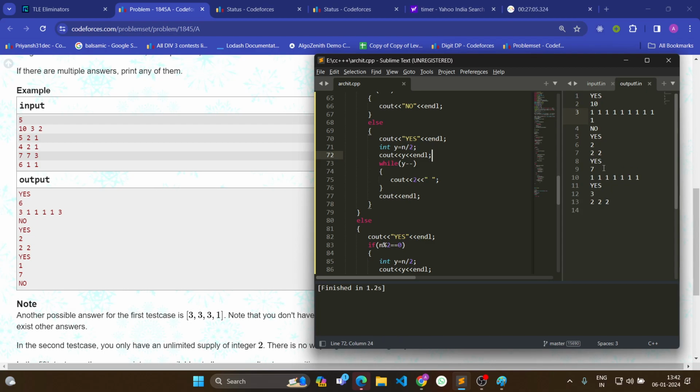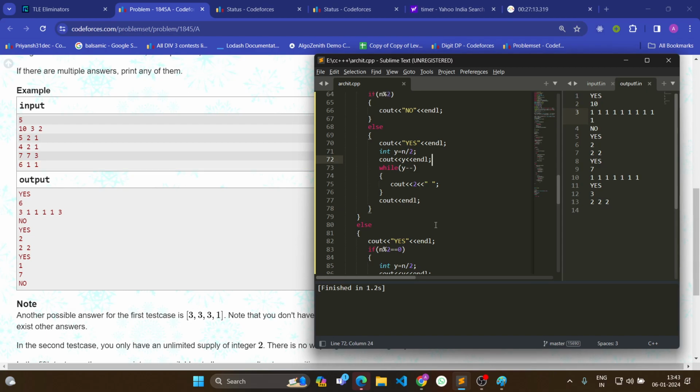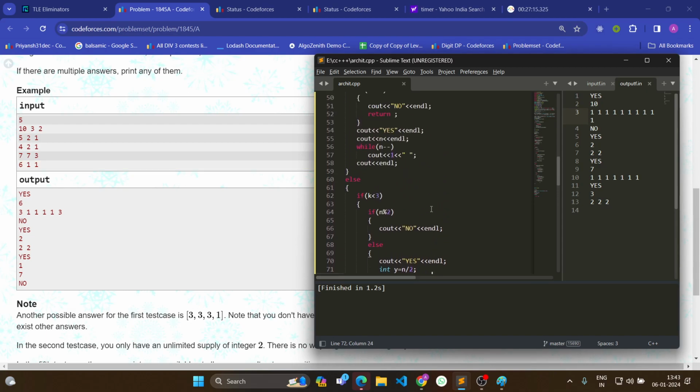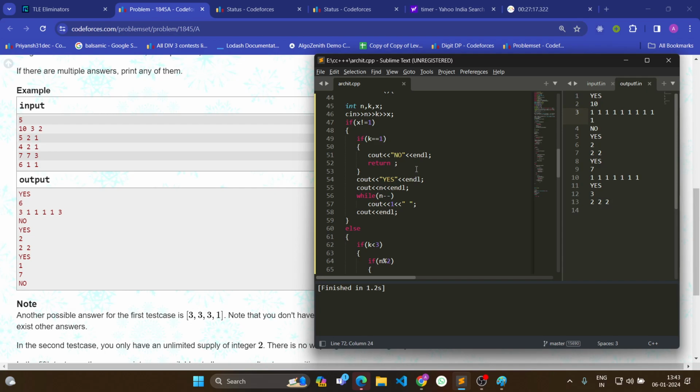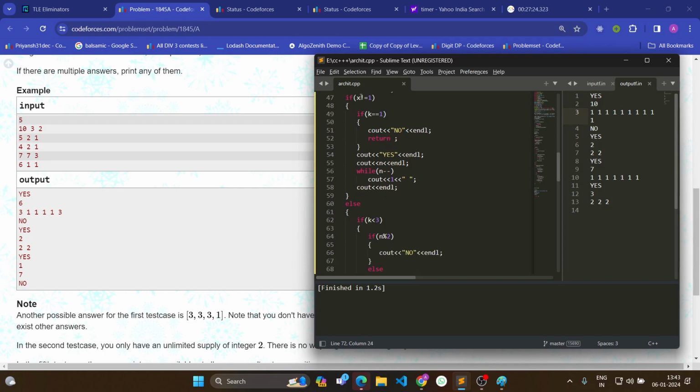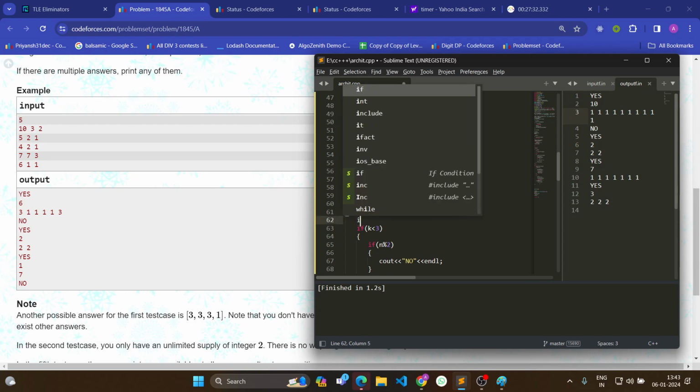Then we have this sums up to 7. This sums up to 6. Okay. Again, the thing that I did not consider is, wait, okay, we have to return them. If x is not equal to 1, else if x, okay, here also I need to consider that if k is equal to 1.